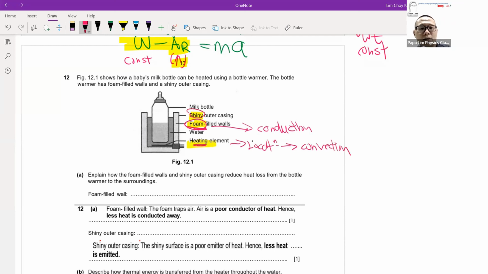The shiny outer layer is definitely about the surface texture, and a shiny texture is definitely about radiation. So this is what the question is trying to tell you about how heat is being transferred. And maybe there's a cap here, maybe talking about convection also.